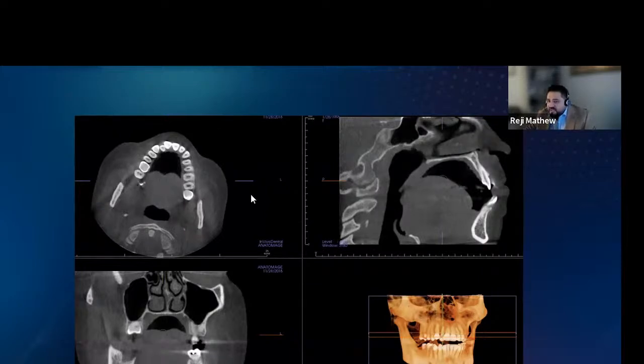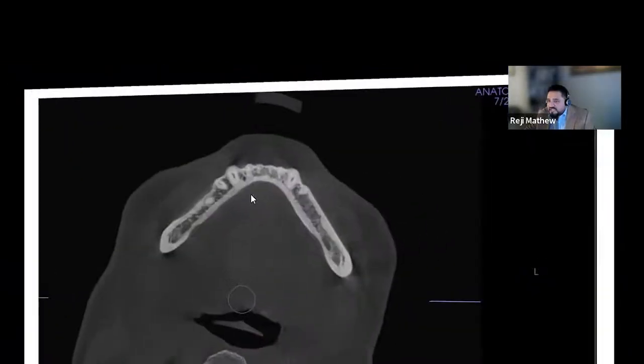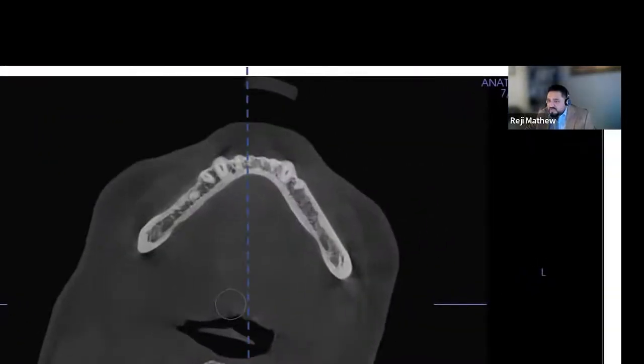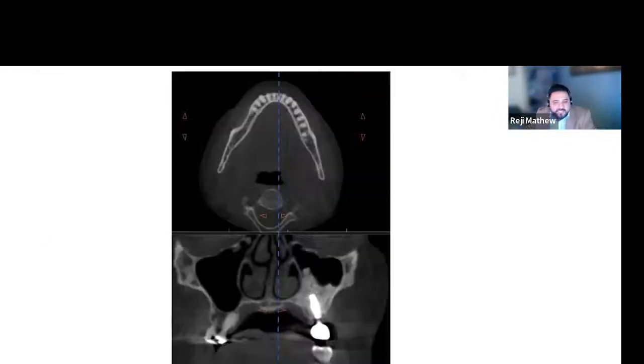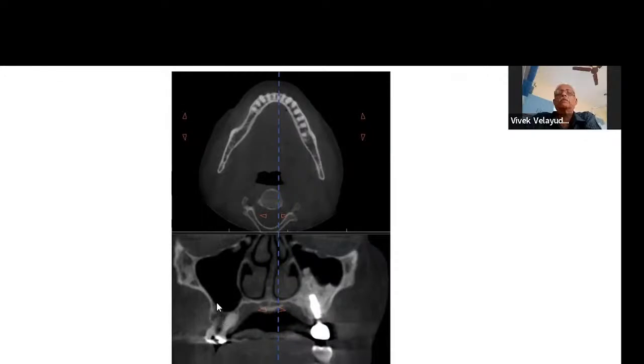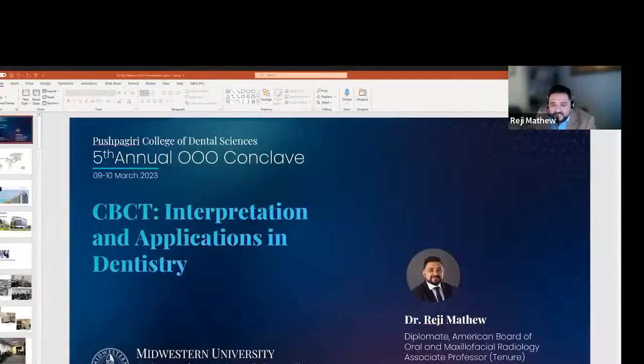You can reorient the data, you can make the data look straight, so that the midline is clear. That's the first step to do. Let me see if I can open a CBCT.